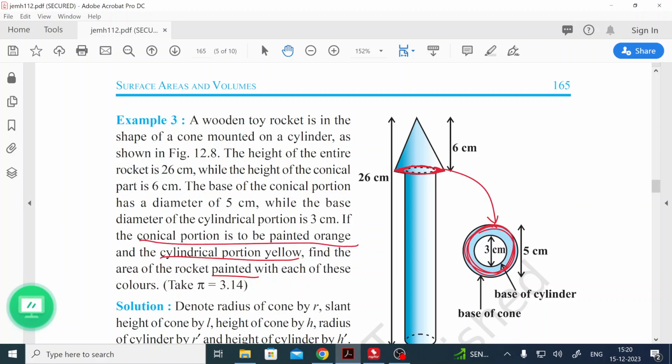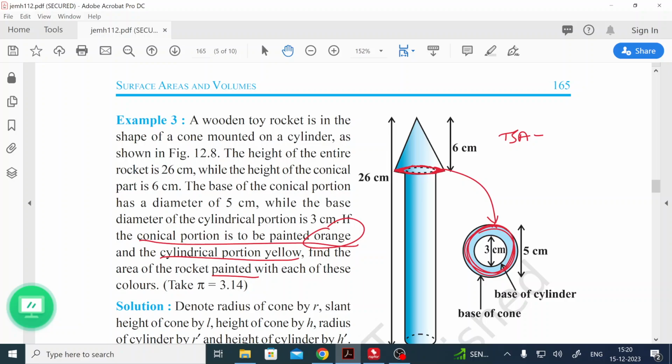Here I did red color, no? There they will be painting the conical portion orange. That alone we should be careful about. They asked us to do them separately. First, when I go with the orange color for the cone, you take the total surface area minus the base area of the cylinder.